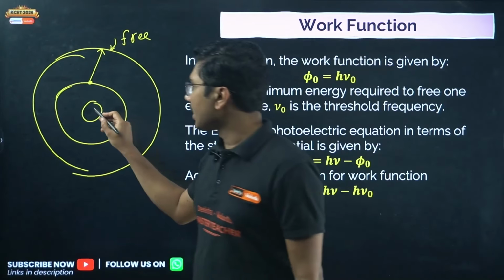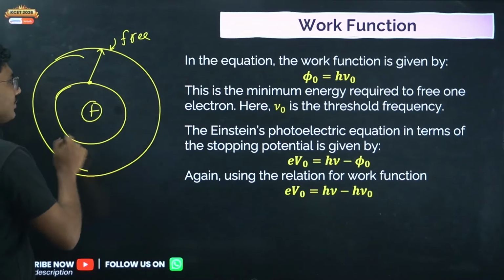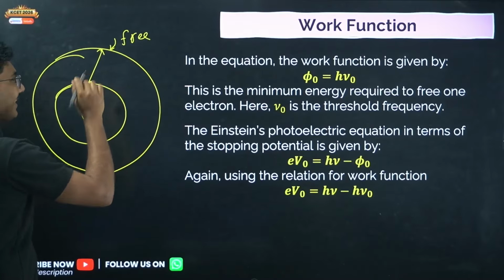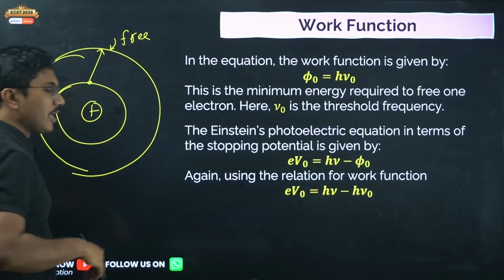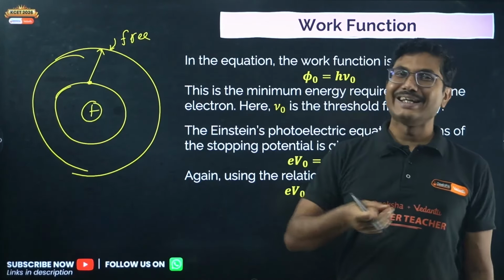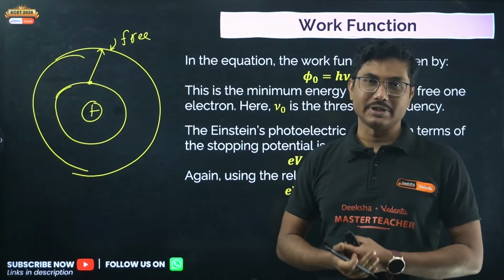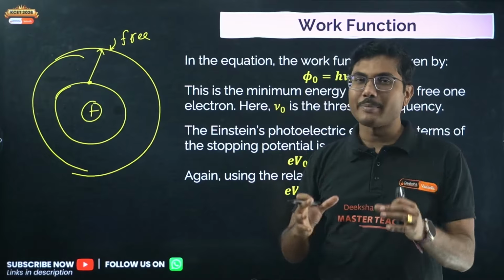The positively charged nucleus is there, and when the electron is orbiting around this nucleus, you require a certain amount of energy to make it free. Like you or me, when we are eating, we are continuously gaining energy. Electrons cannot eat continuously. An electron requires only one packet of food.